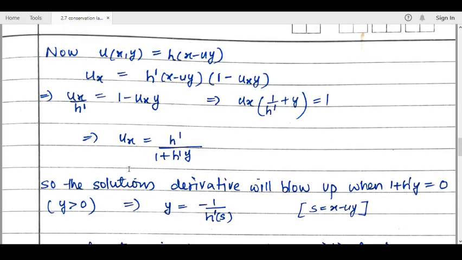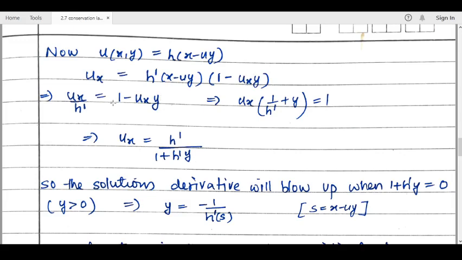Now we will see some other phenomena also here. We have u is equal to h of x minus uy. Now what is ux here? From this I have ux is h dash of x minus uy into the derivative of this. So I will get 1 minus the derivative of u with respect to x, ux y.